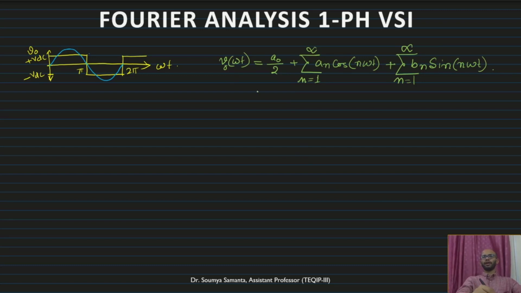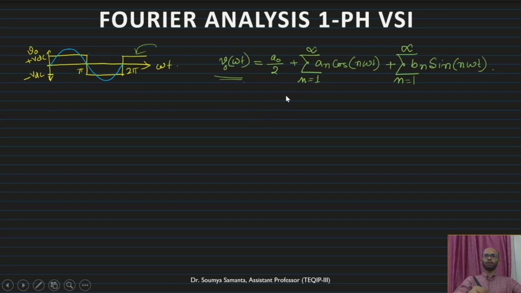So we can expand this waveform into this series. This expansion is called the Fourier series expansion. Now what is a0? a0 is the average value, or we can say this is the DC component.